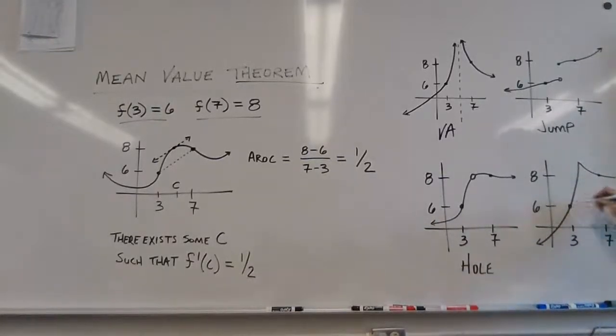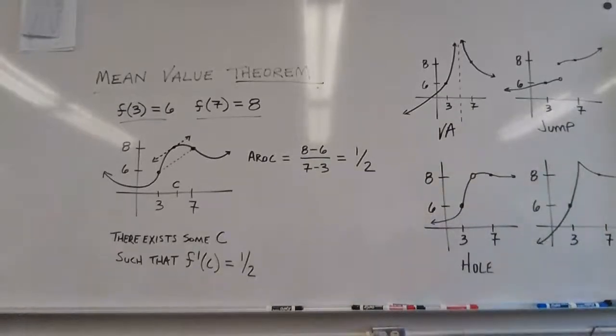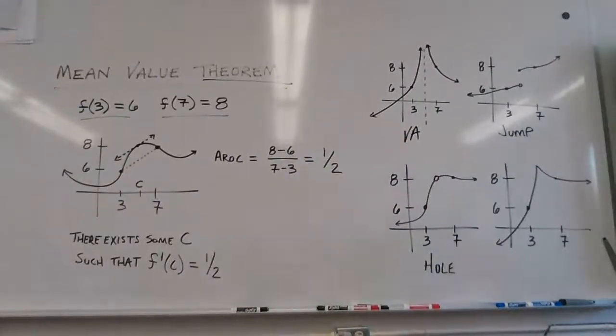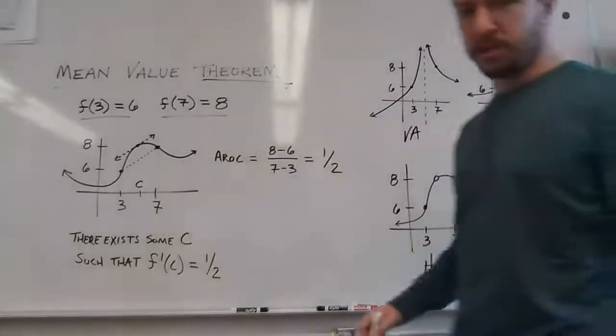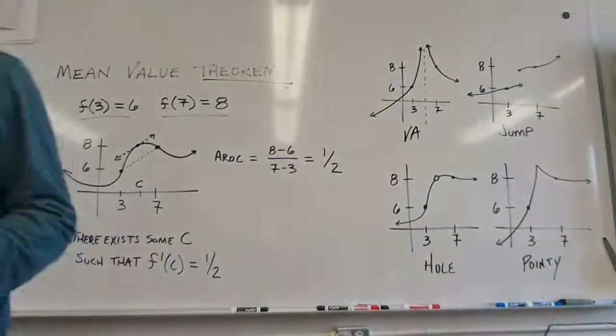Well, the problem here is I went from large slopes and then instantaneously changed to negative slopes, and so I never was able to get that value where the slope is equal to the average rate of change. So pointy, of course, those are the 4 cases. Those are the 4 different cases.